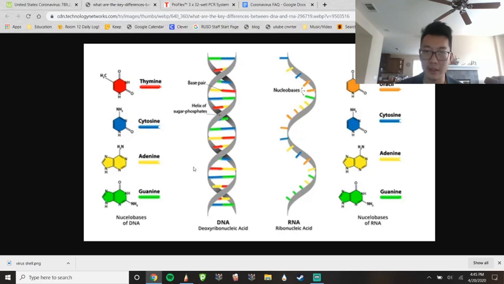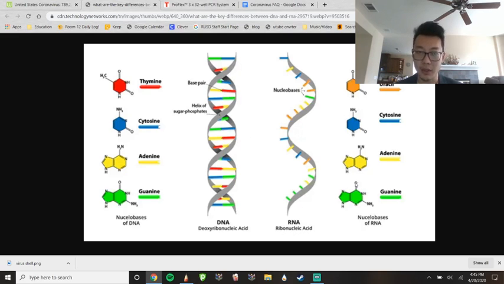In humans and other living things with cells, we have DNA, which stands for deoxyribonucleic acid. Not important. In a lot of viruses, and used in human cells to transfer information sometimes, is RNA, which is just ribonucleic acid.